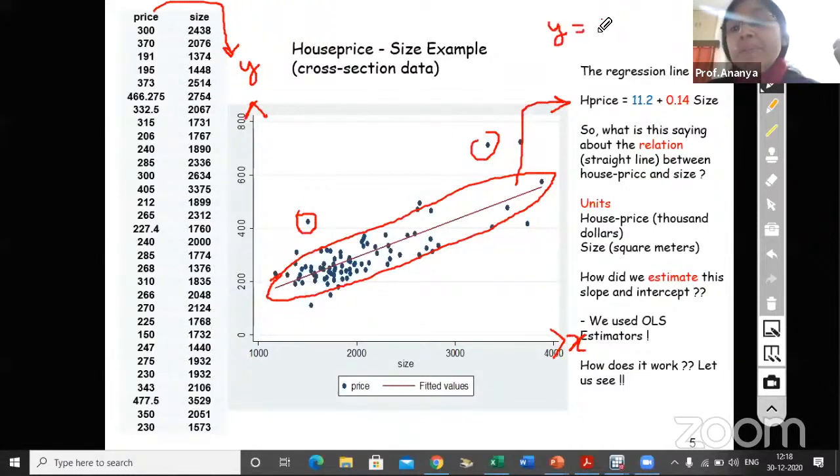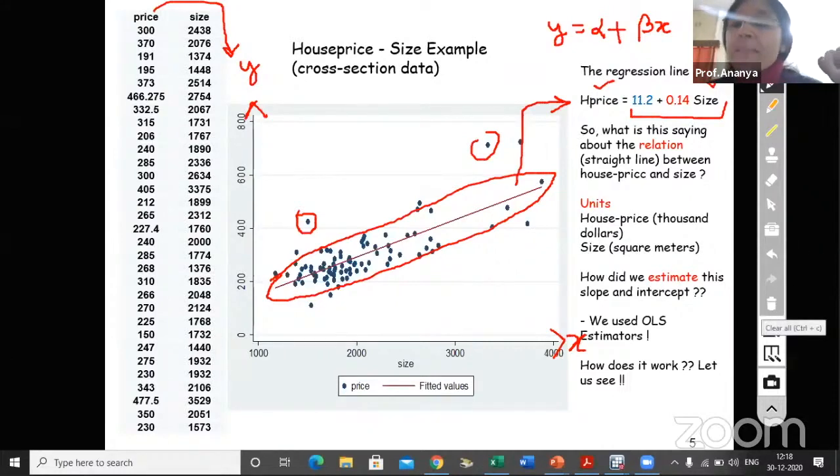Y is equal to alpha plus beta x. Now, as I said, I'm going to use these examples and essentially interpret the slope coefficient. So let us do that. What does this line that I have now estimated say about the relation between house price and size? Okay, let's see that.